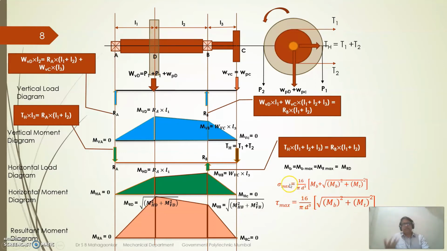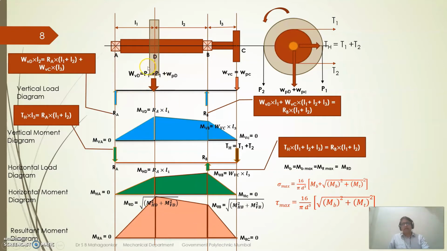Whenever the problem is asked in the examination, you can go like this. But when you want to actually design it, you will have a stepped shaft. So in the examination, you just take the maximum bending moment and do it.